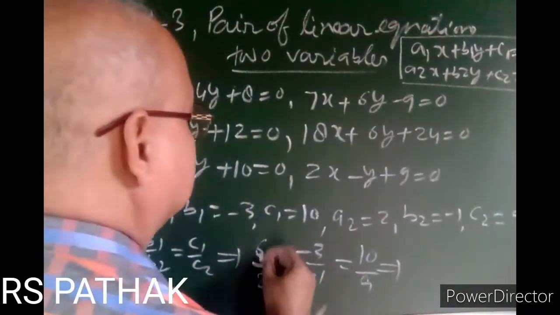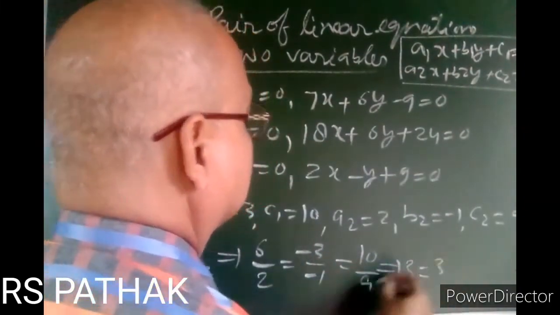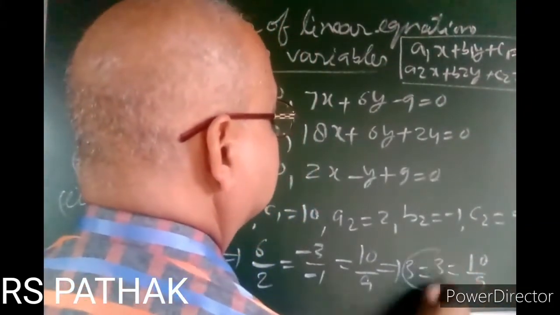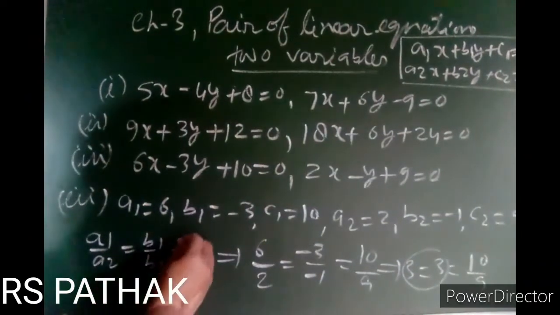Here 6 upon 2 is 3, minus 3 upon minus 1 equals 3, and this is 10 upon 9. This is equal, meaning that A1 upon A2 equals B1 upon B2, and this is not equal to C1 upon C2.